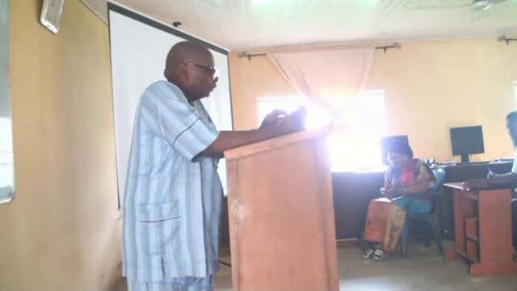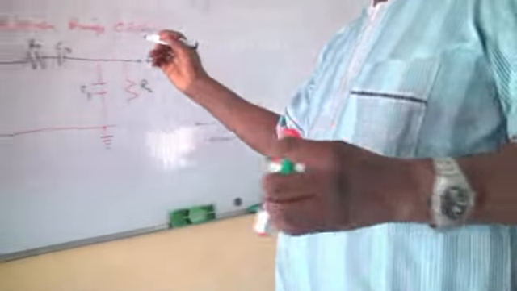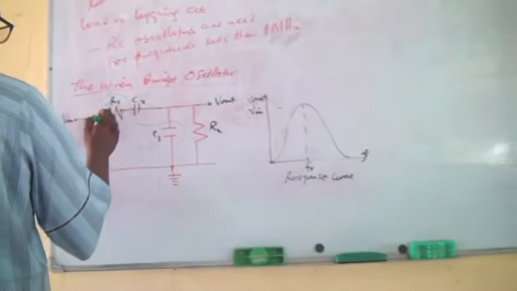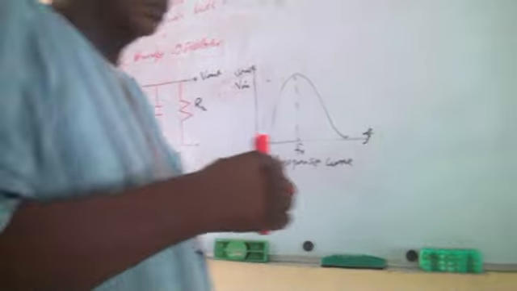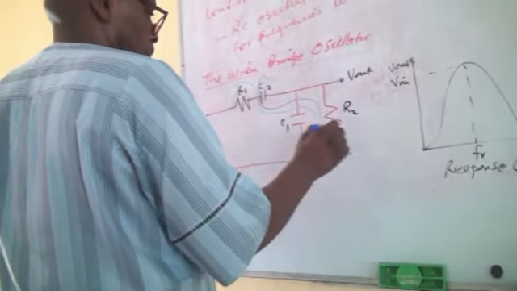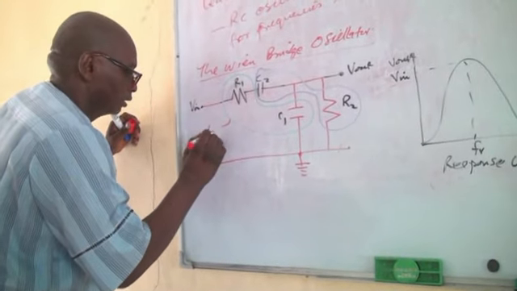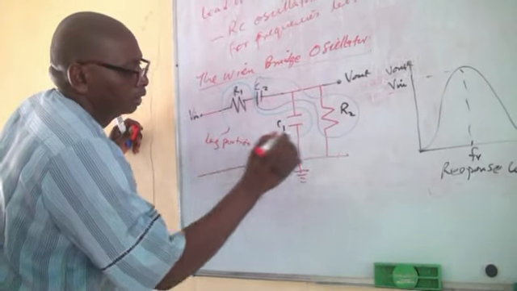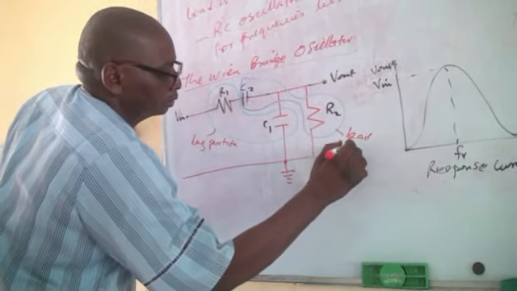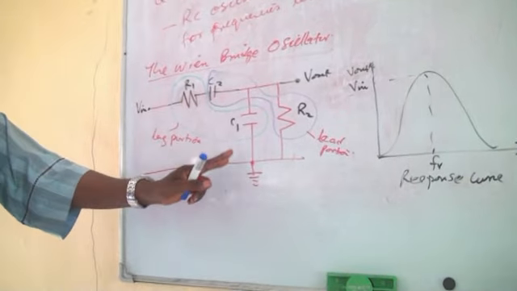R1 and C1 form the lag portion of the circuit, and C2 and R2 form the lead portion of the circuit. Have you seen it?